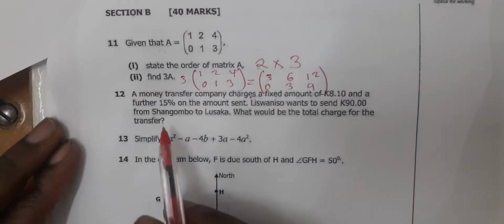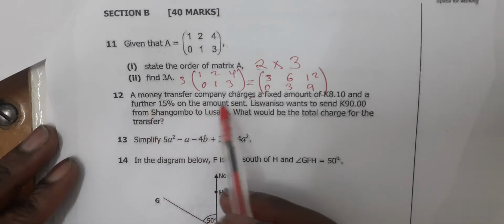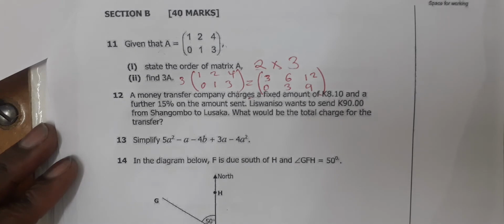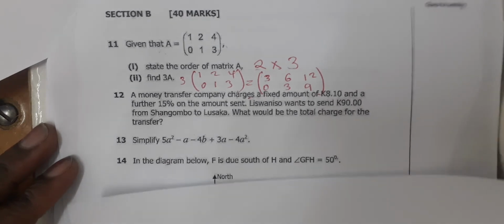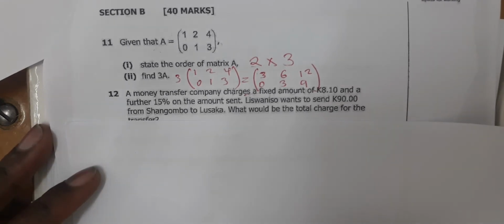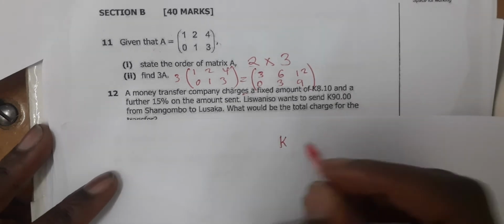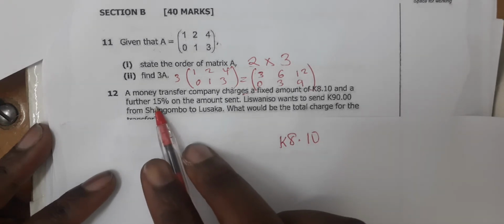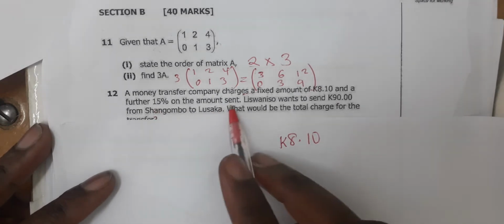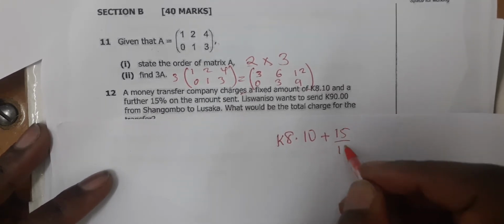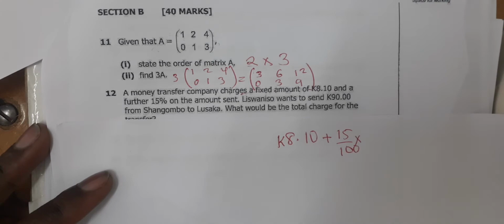Question 12. A money transfer company charges a fixed amount of 8.10 and a further 15% on the amount sent, plus 15% of the amount sent.